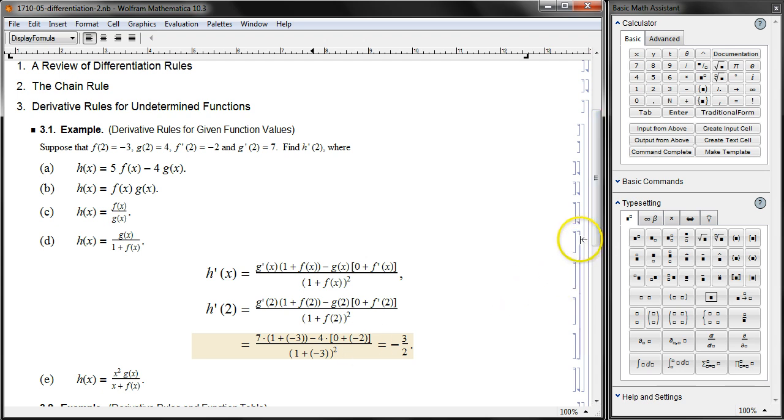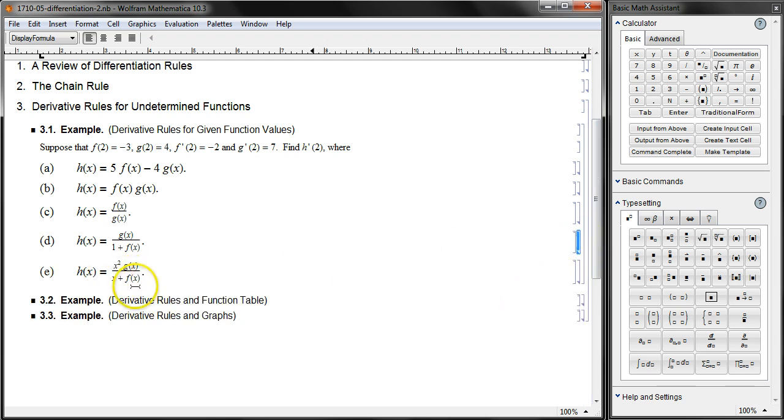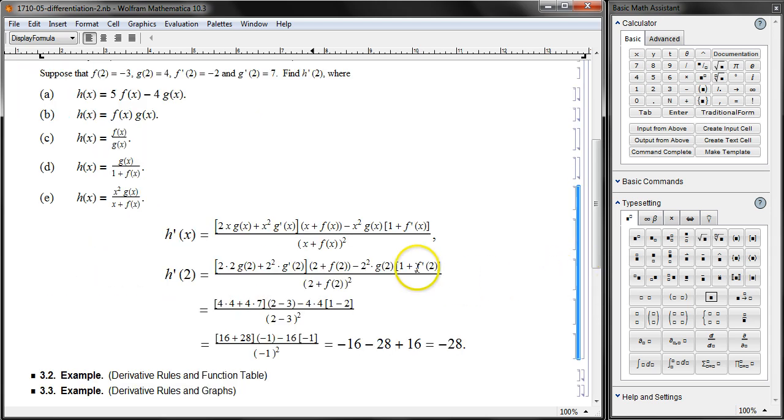Finally, here's a problem that is a little bit worthy of our time. In that case, you'll have to use multiple rules because, let's see, clearly the quotient rule, but look at the numerator. We have a product there. In any case, this is a derivative computation. Denominator squared, so it's pretty conspicuous.